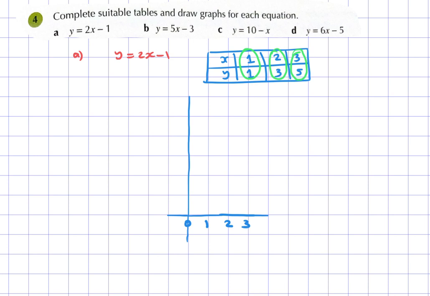For the y-axis, we need up to 5: 1, 2, 3, 4, 5. The first point 1 and 1. The second point 2 and 3. The last point 3 and 5. Now draw the line. So this is the line.